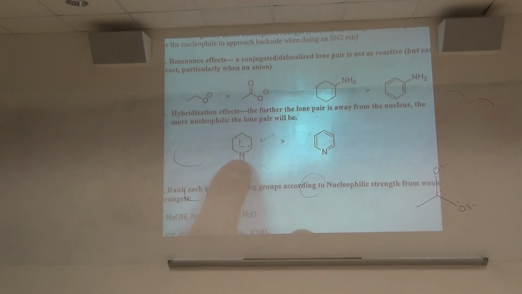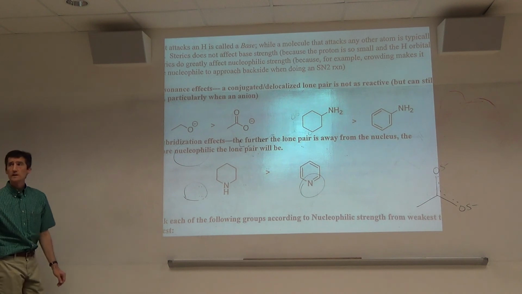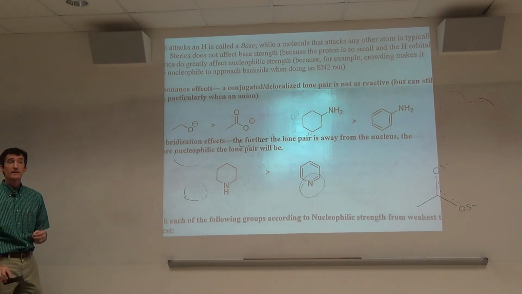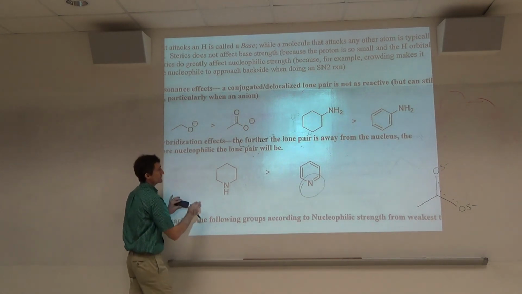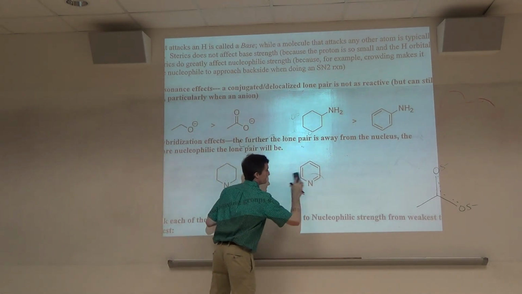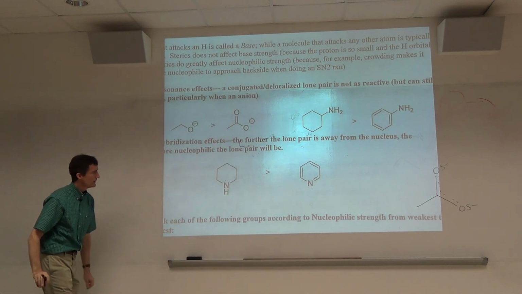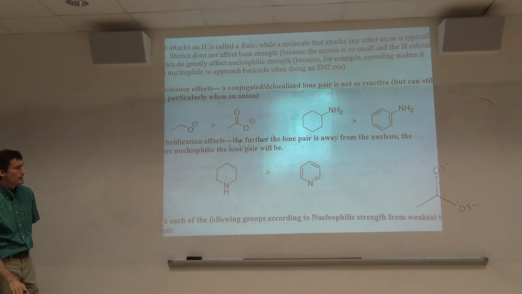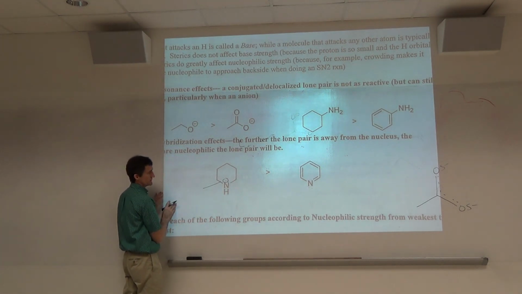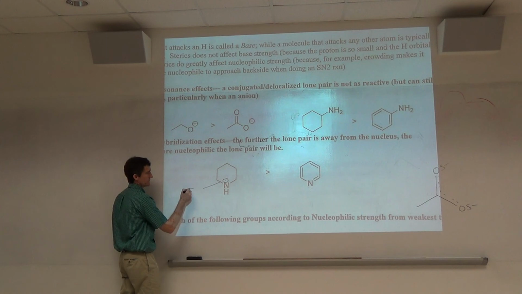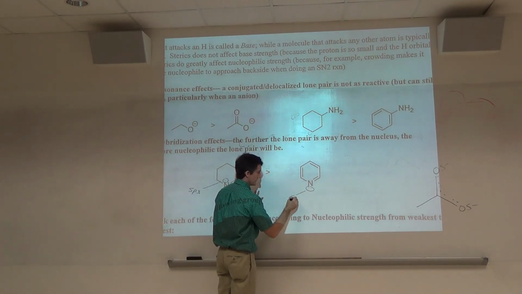And hybridization effects. A lot of this correlates with the acid base. I recommend pulling out that handout to look back. Which lone pair is more nucleophilic? They're both nitrogen, they're both neutral. This is hybridization. What type of orbital is this lone pair in? SP3. How about this one? SP2.